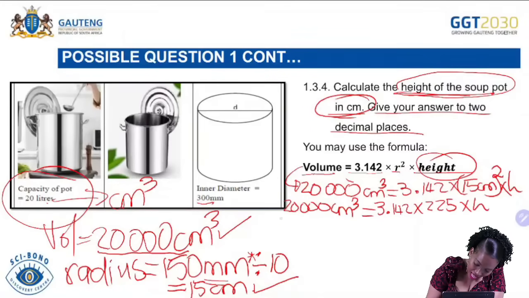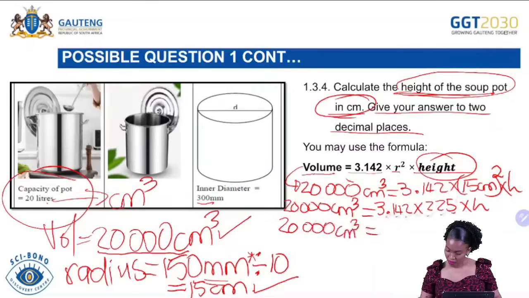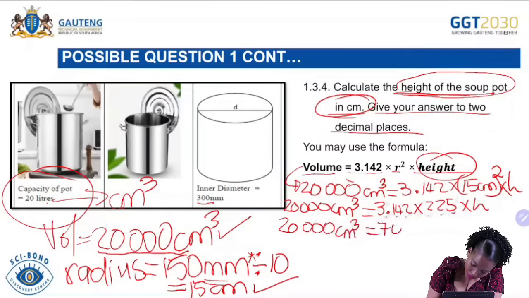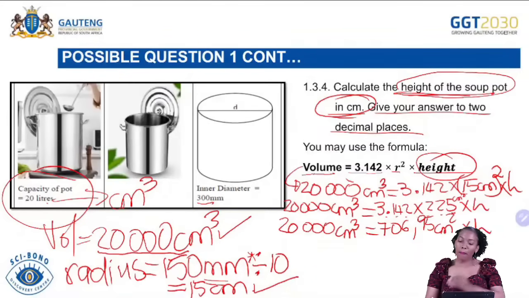Multiply by the height. Then I multiply 225 by 3.142, and the answer would be 706.95. I forgot this one because the centimeters are squared, so this is centimeters squared multiplied by the height.